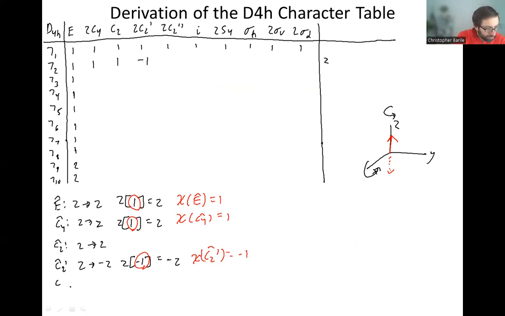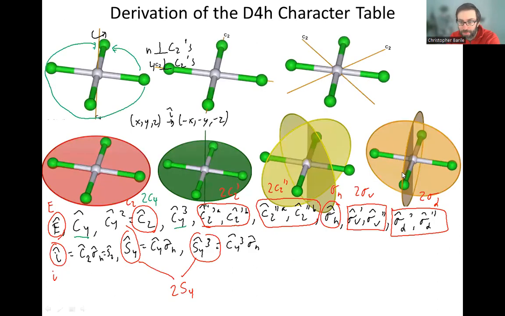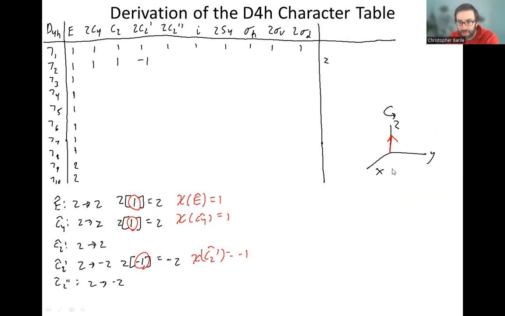What about C2 double prime? C2 double prime is also going to take z into negative z, and let's understand why. Now we're not rotating there, but we're rotating, remember, at a 45-degree angle, right?